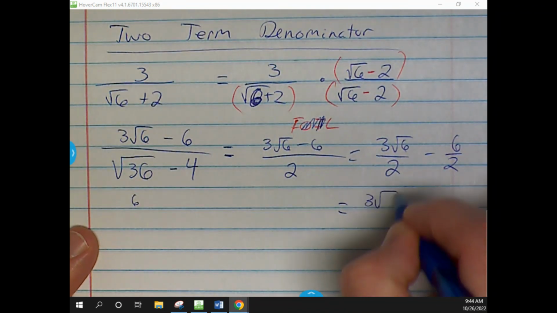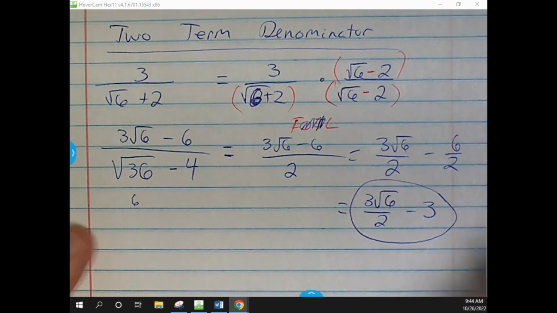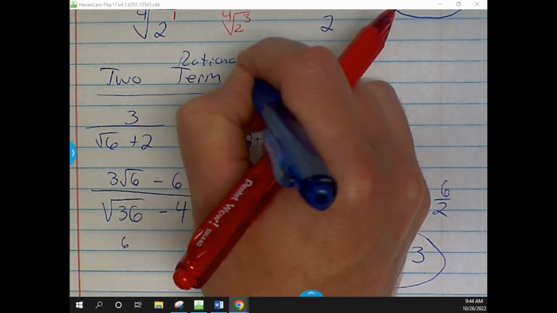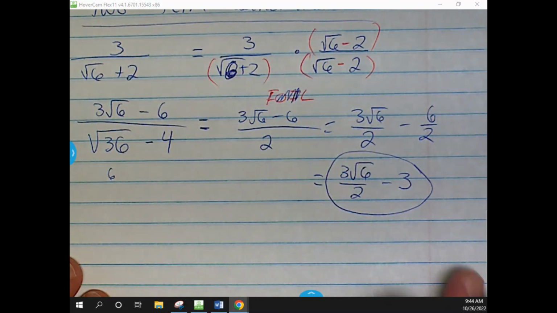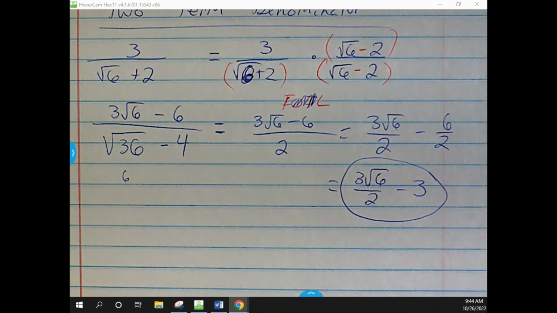So that's 3 square root of 6 over 2 minus 3. Okay, does that look a lot better? No, not really. But it's what they would say would be rationalizing a two-term denominator. Is that a huge help? No. But it's just what they're asking for in that case.